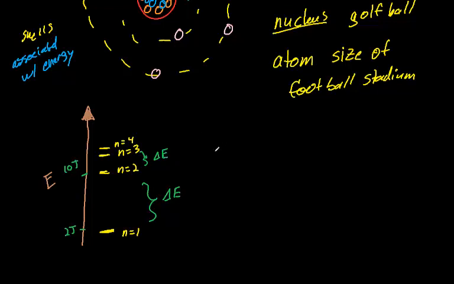So let's write it like this: the energy change from the second level to the first level, from here to here, is greater than the energy change from the third level to the second level, from here to here.